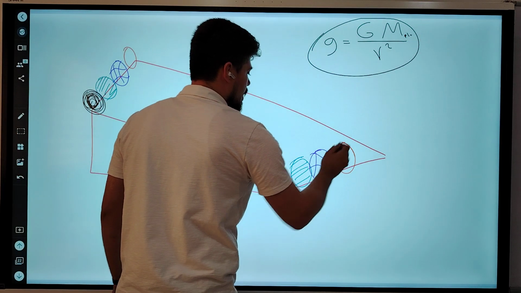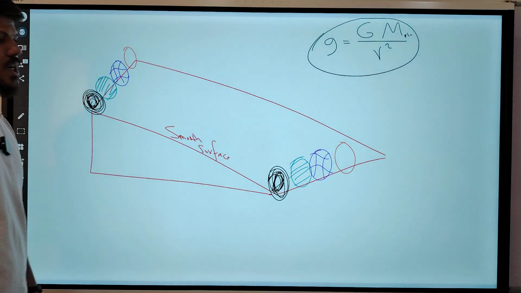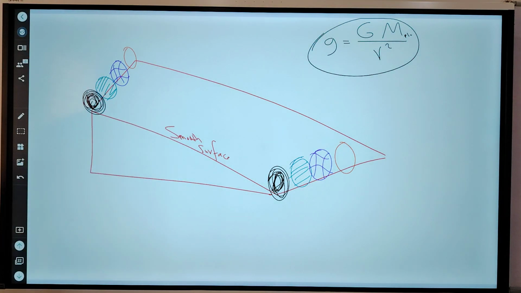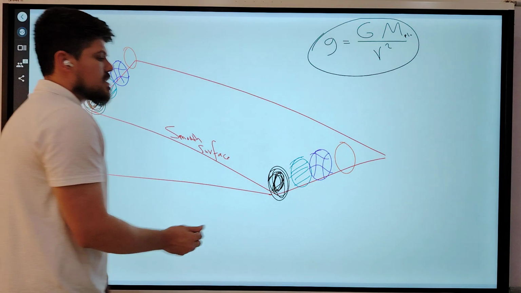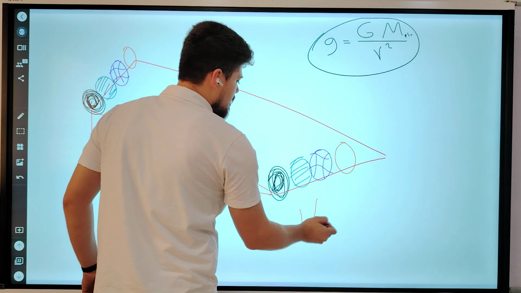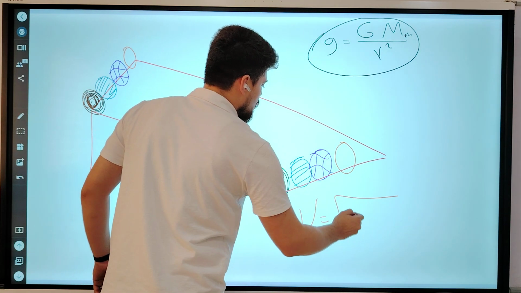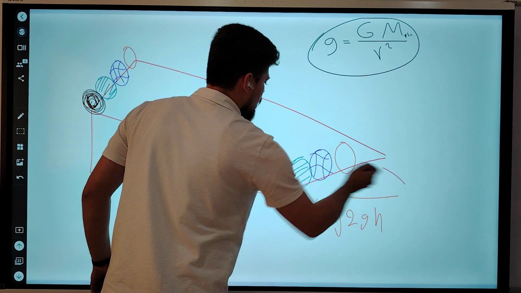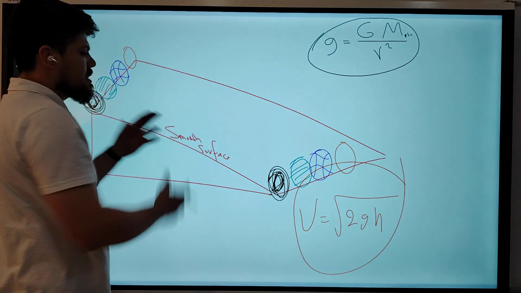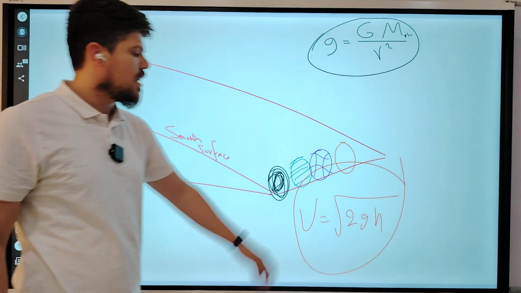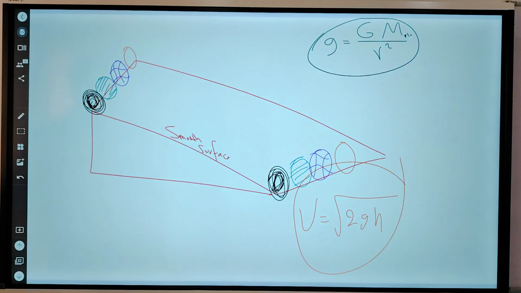In the absence of what? Friction and air resistance. All shapes reach the bottom of the incline at the same speed. So you can find the speed is equal to the radical of 2gh. All shapes have the same height and the gravity is constant.